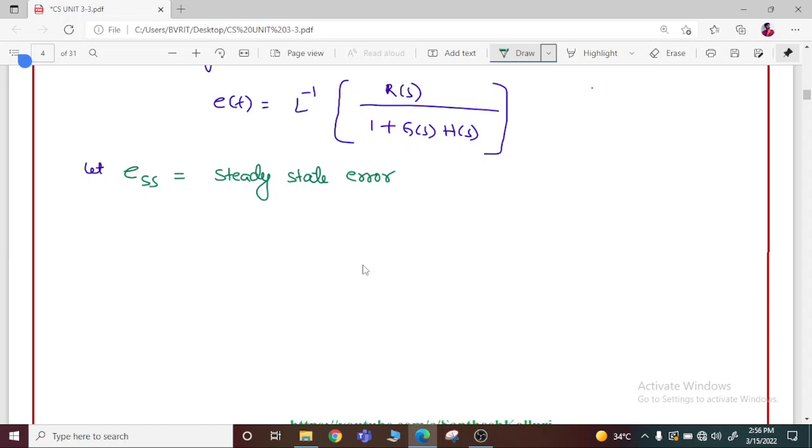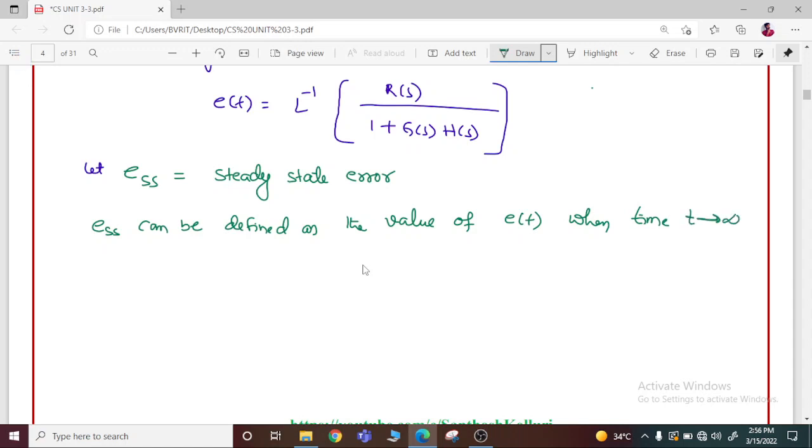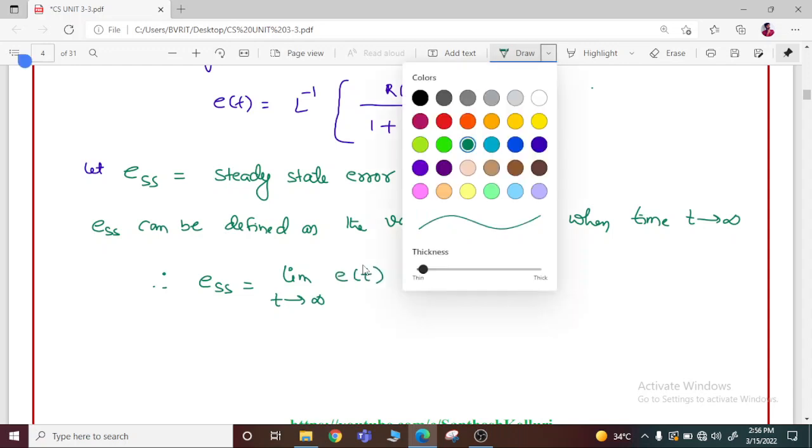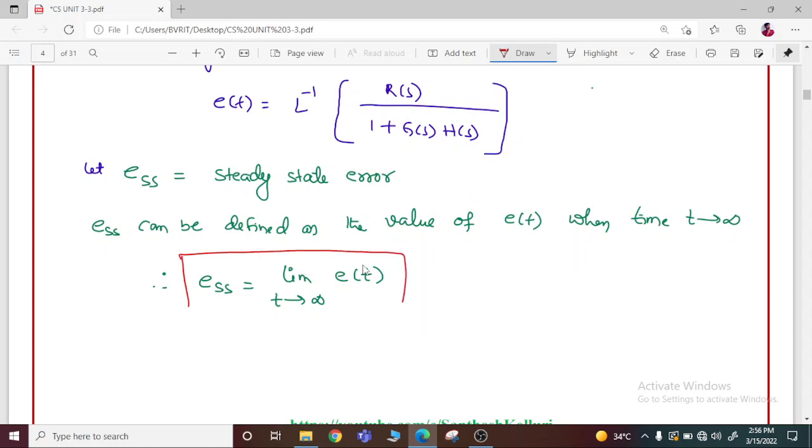Only then can the steady state error be calculated. So steady state error can be written as limit t tends to infinity of E(t). This is the steady state error definition.